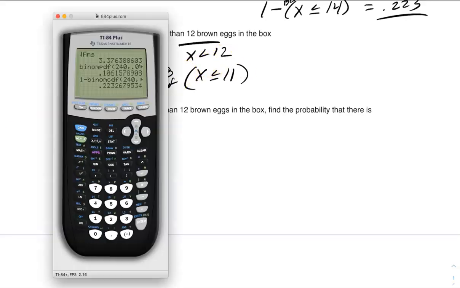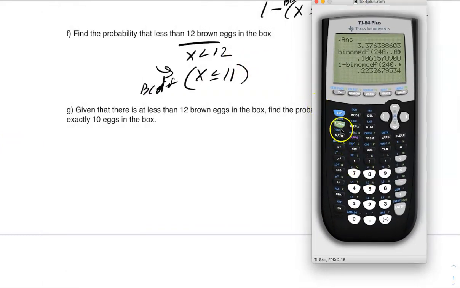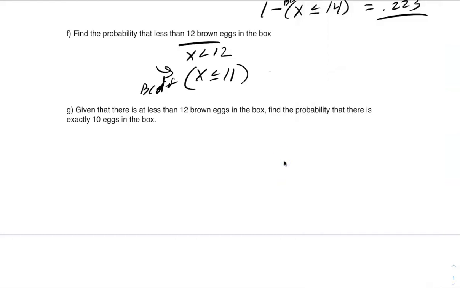So second distribution, CDF, 240, 0.05, 11. Hit enter. 0.459.